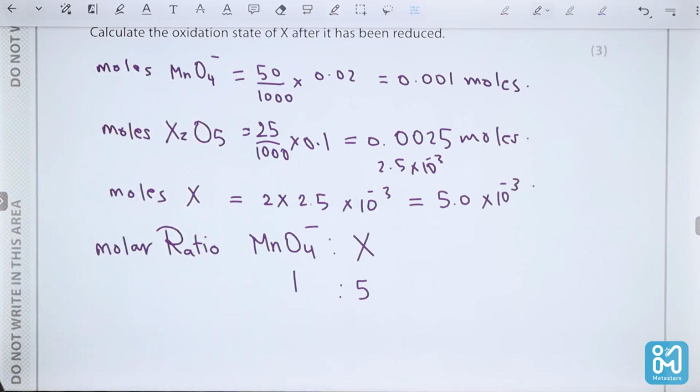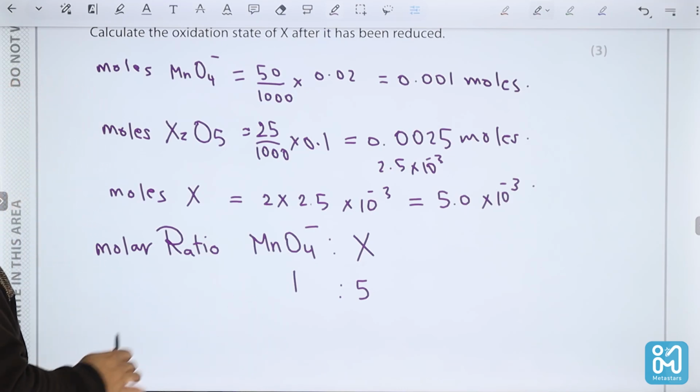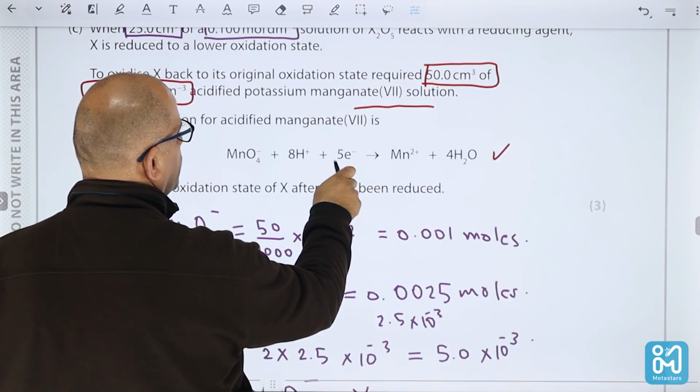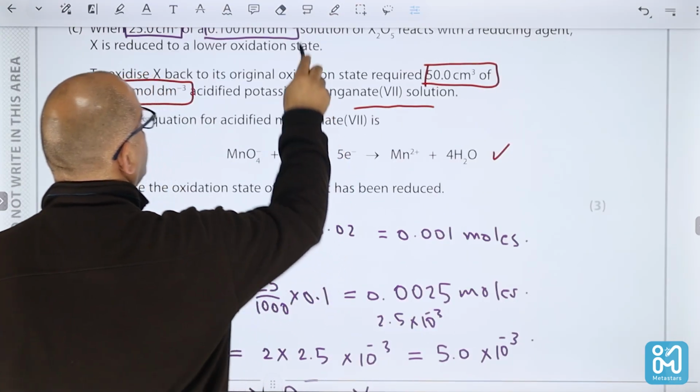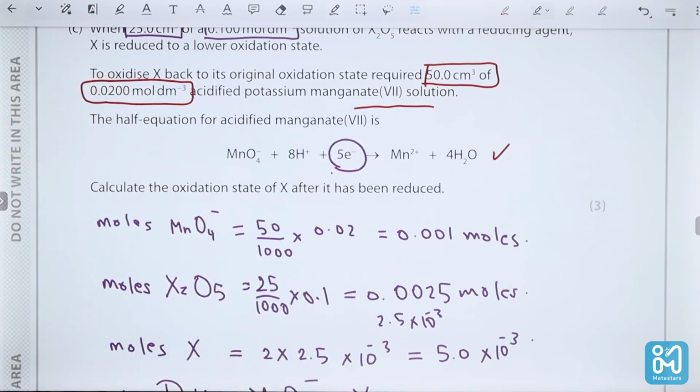What does it mean? Now, if you return back to the equation, you will find that we have 5 electrons used there.